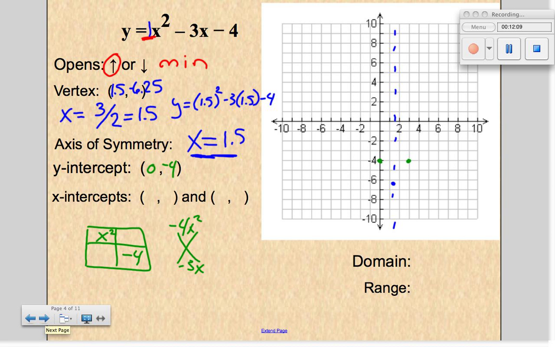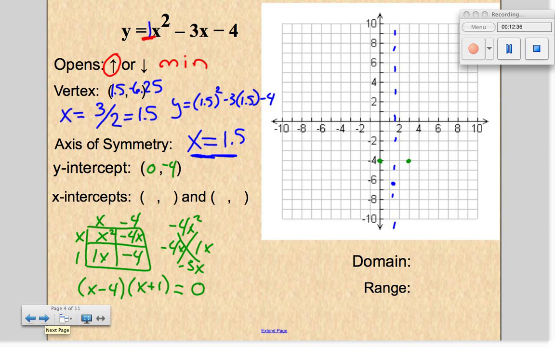And my two numbers where I multiply to get negative 4 and add to get negative 3 would be negative 4 and 1. Greatest common factor of my top row is x. X times x is x squared. X times negative 4 is negative 4x. And x times 1 is 1x. So factoring it, I get x minus 4 times x plus 1.